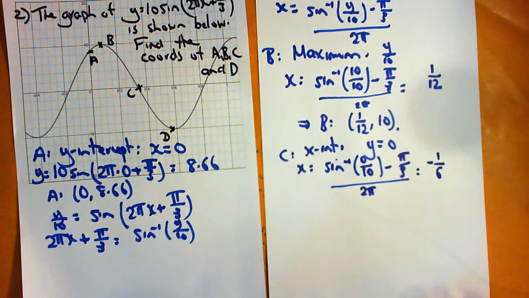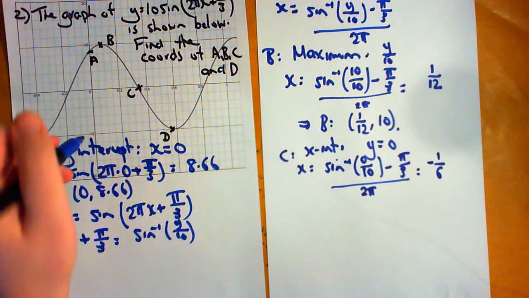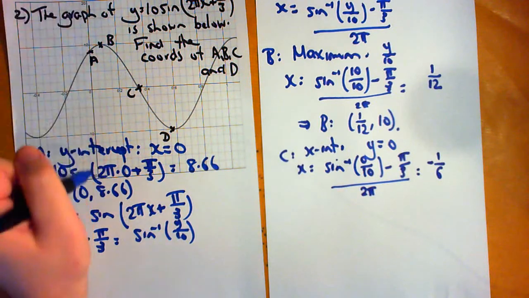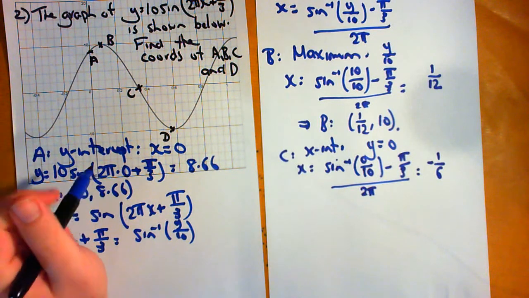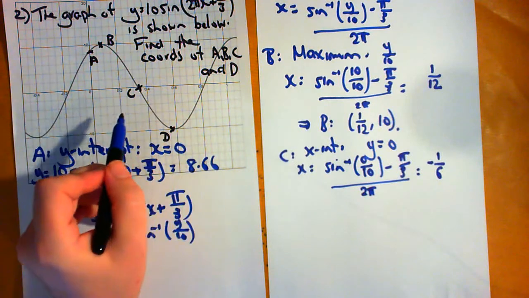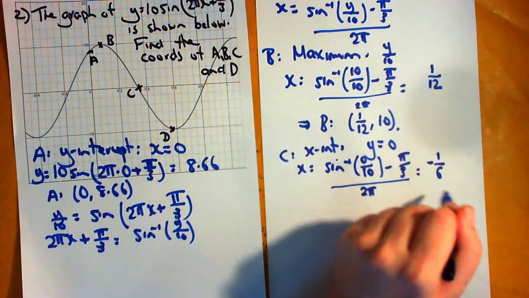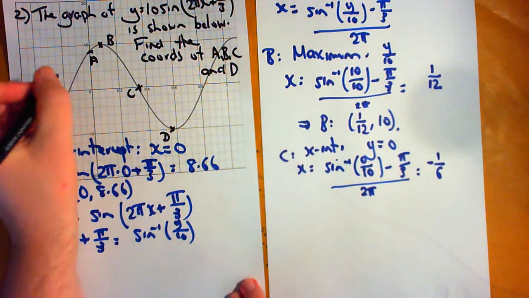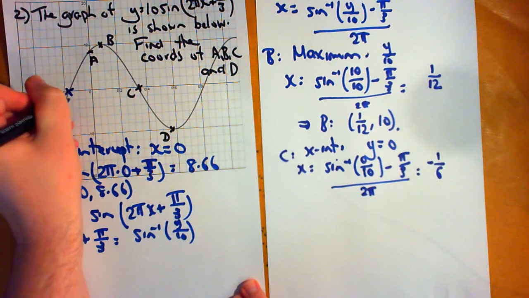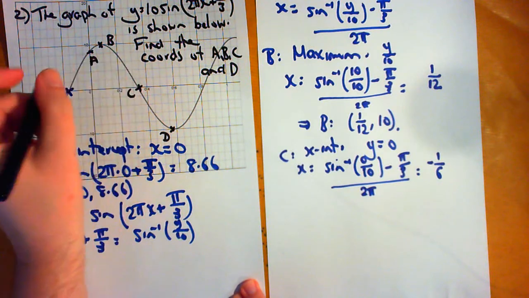Are we expecting our answer to be negative, or positive? Well, our y axis is this vertical line there. We expect it to be positive because we're looking for a point to the right of it. But we've got a negative answer, which means the calculator's actually given us that value there. We want this one.